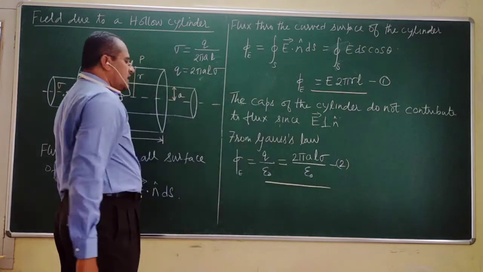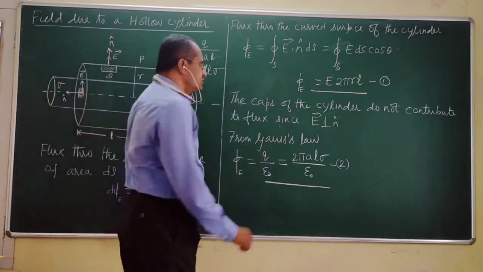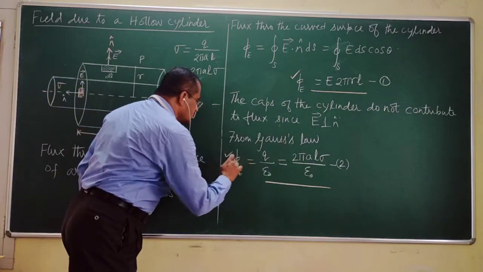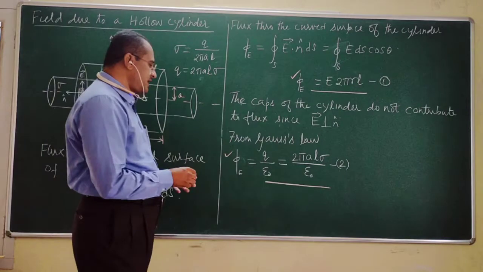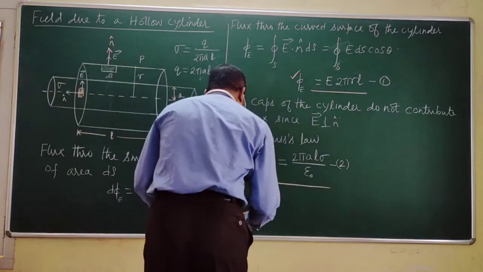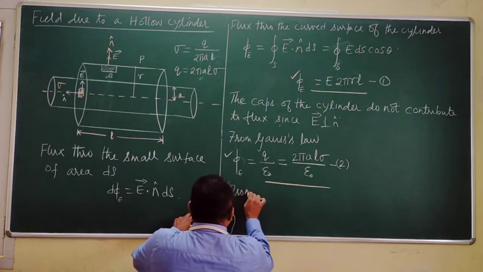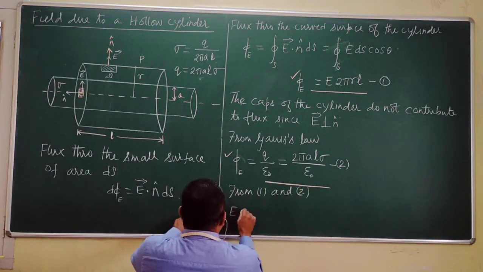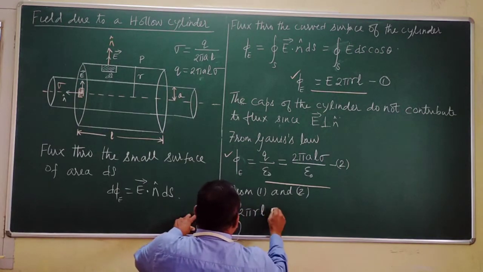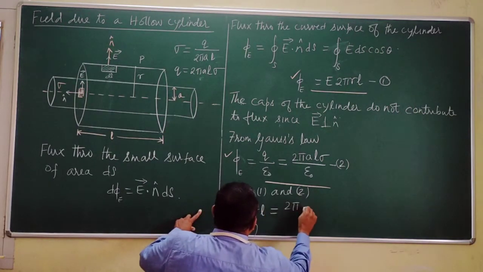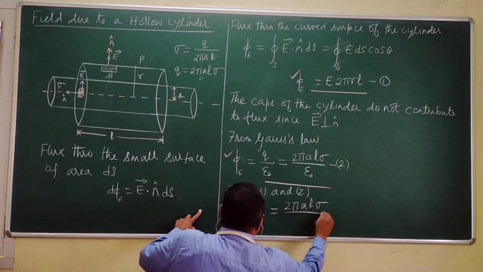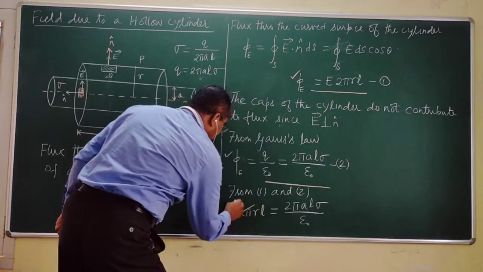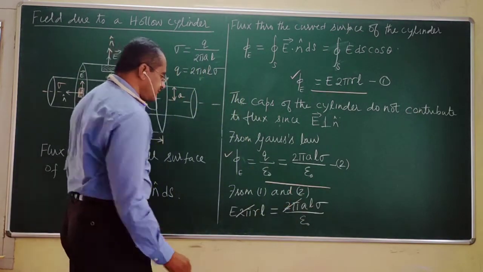Now, if you look at 1 and 2, 1 is giving an expression for phi E. Expression 2 is also giving phi E. Equate. So, equating 1 and 2, I write E 2 pi R L is equal to 2 pi A L sigma upon epsilon naught. 2 pi, we can strike it off.